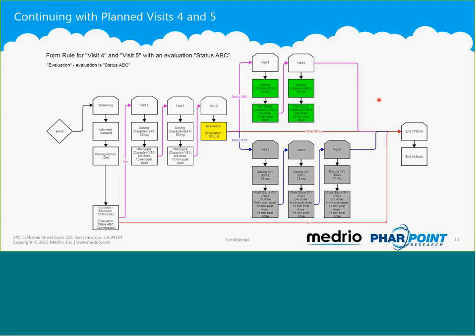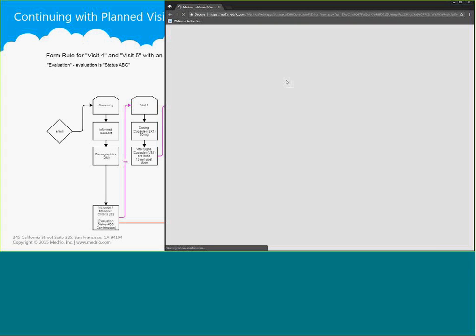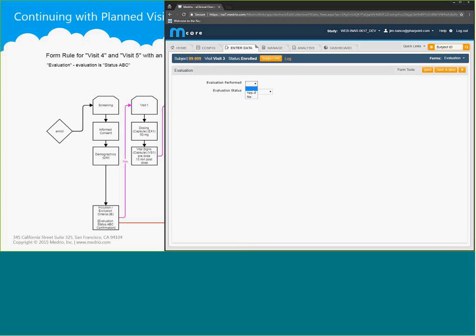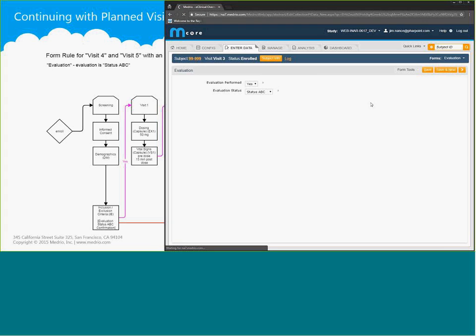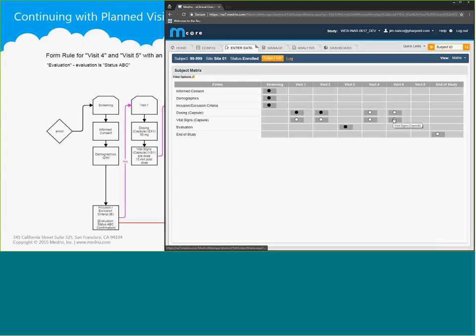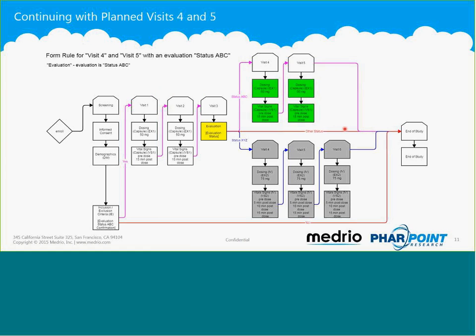So in the case where their status is ABC, we'll continue on to visits 4 and 5 to continue on with 50 milligram capsule dosing, which includes 2-point collection of pre-dose as well as 15-minute post-dose. And we're continuing on that way.